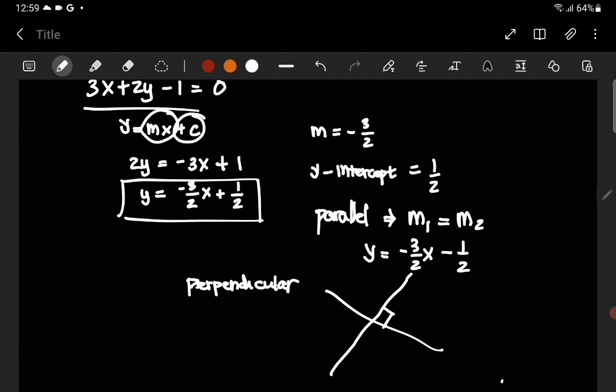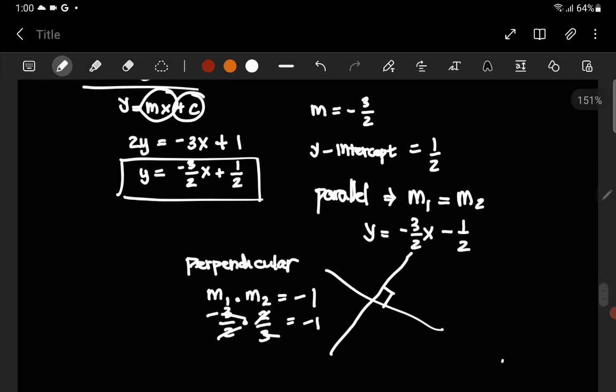Now for that one, you just need to be sure that the gradient of line 1, if you multiply it by the gradient of line 2, will give you negative 1. So for this case, what is the gradient for line 1? It's negative 3 over 2, right? What will be the value of m2, so that if you multiply the two of them, it becomes negative 1? 2 over 3, right?